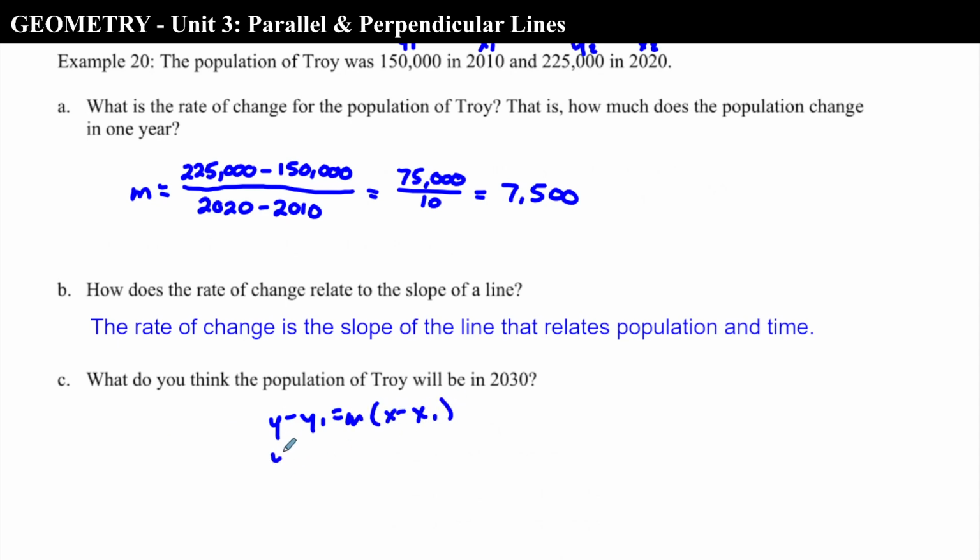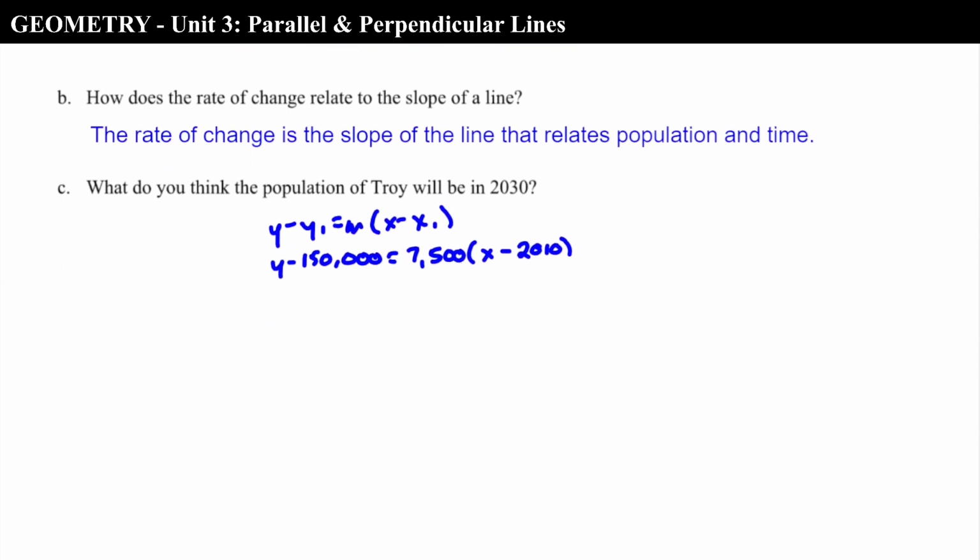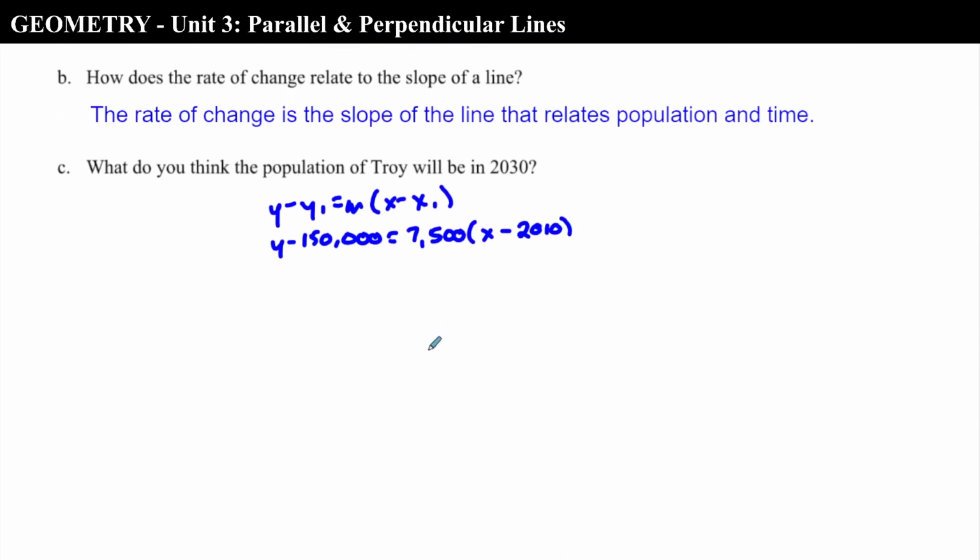First of all, our y1, we're going to use 150,000. Our m is 7,500. And our x1 is going to be 2010. Now, let's get this into slope-intercept form.